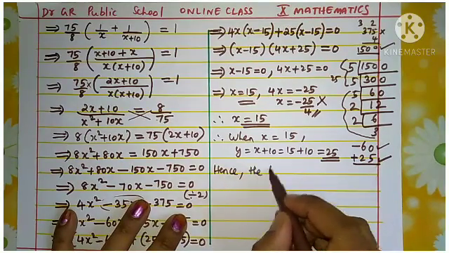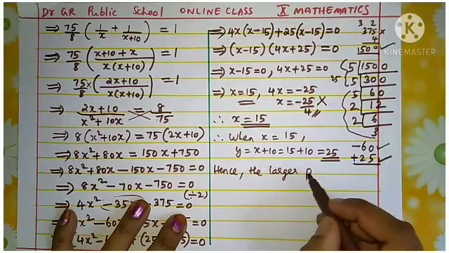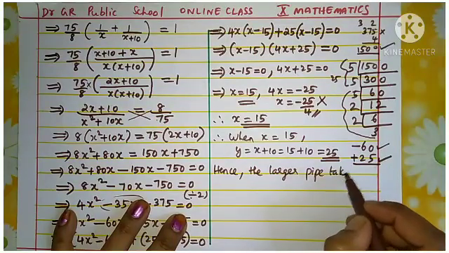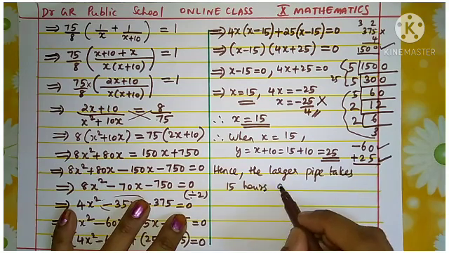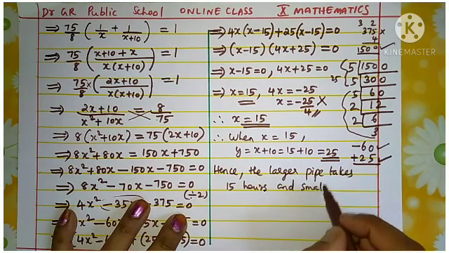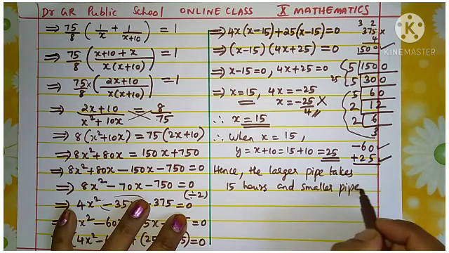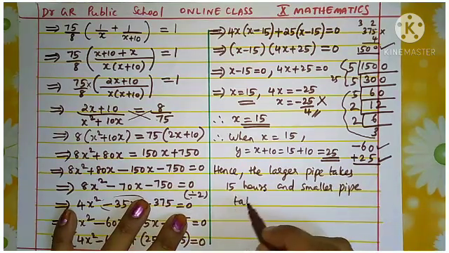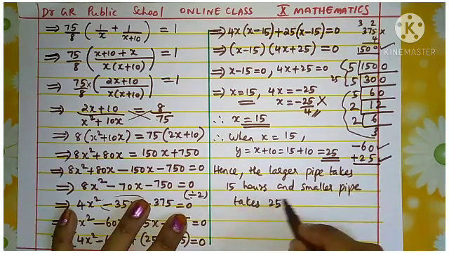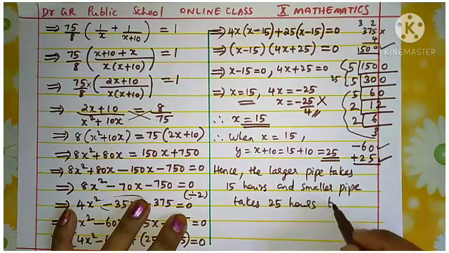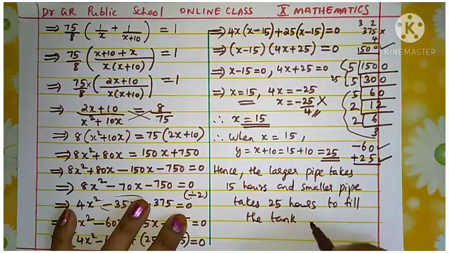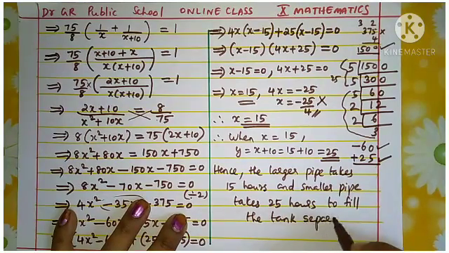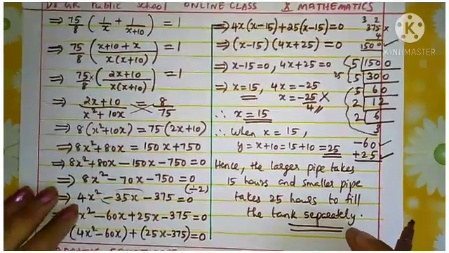Hence the larger pipe takes 15 hours, and the smaller pipe takes 25 hours to fill the tank separately. Okay, so that is our required answer.